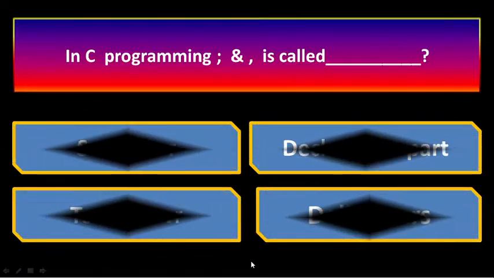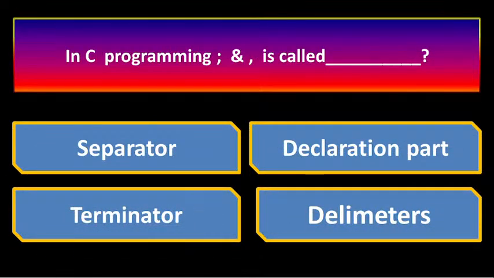Okay. The next question: in C programming, semicolon and comma are called dash. The options are separator, declaration part, terminator, delimiters.